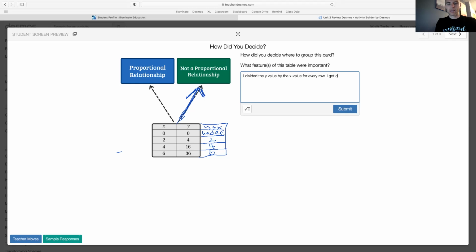I got different quotients. When you divide numbers, the answer is called a quotient. I got different quotients in each row, so the ratios between x and y are different.